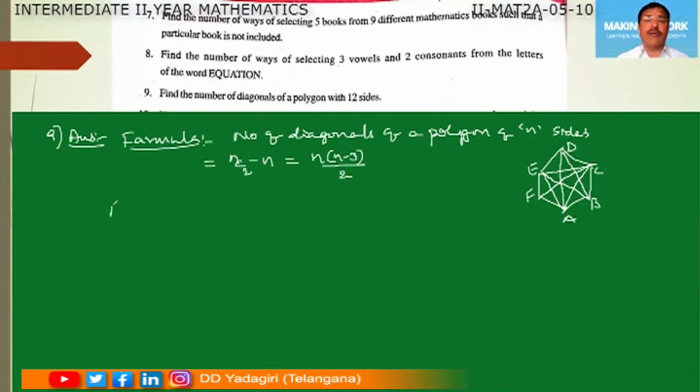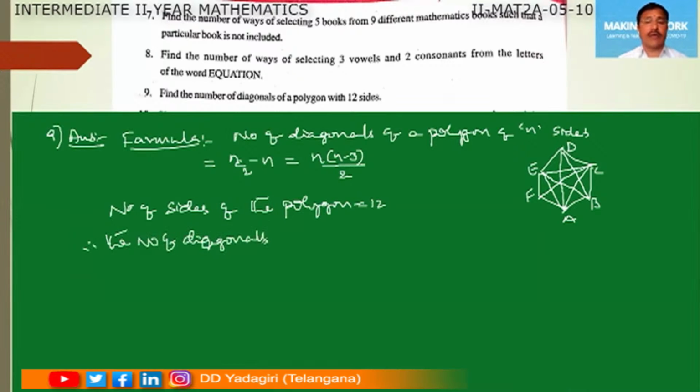Now, the number of sides of the polygon is equal to how many? 12 sides. Therefore, the number of diagonals, by using this formula, is 12 into (12 minus 3) by 2.